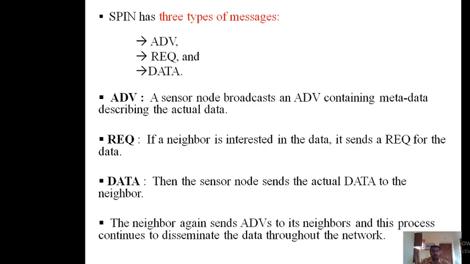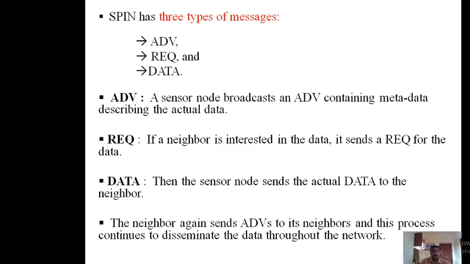That means we already know in MAC we have request to send, clear to send, and reply. If you want to send any data, first send the request and then get back the reply. In the same manner here also, if you want to transfer any data from one node to another node, first we transfer the ADV message.